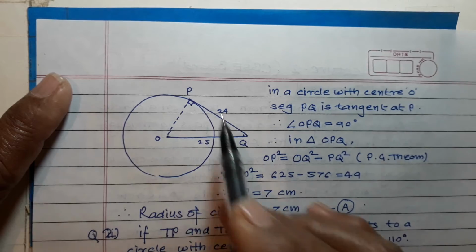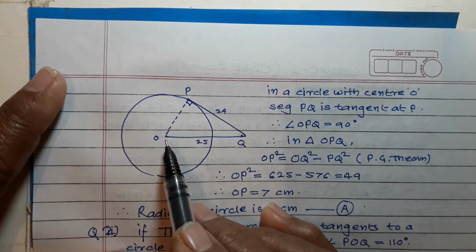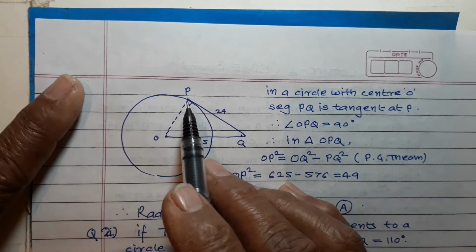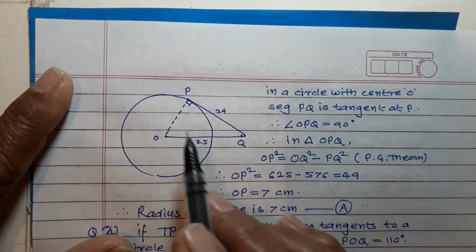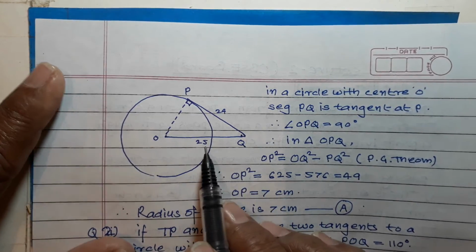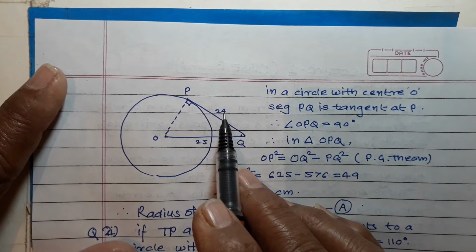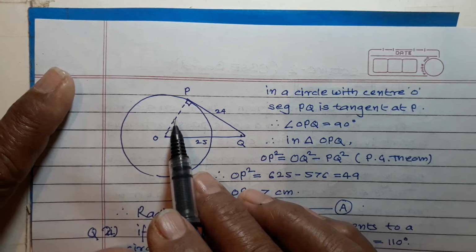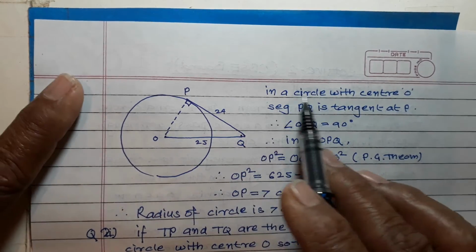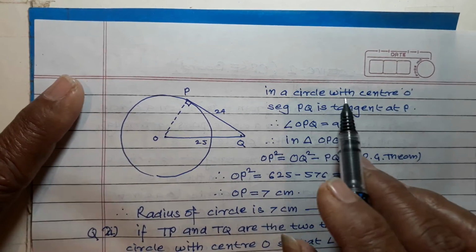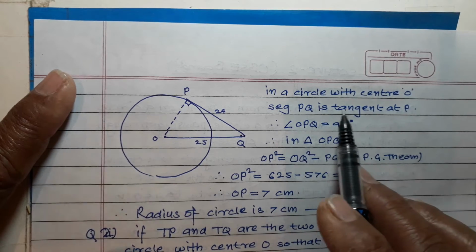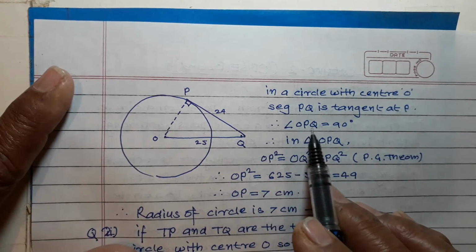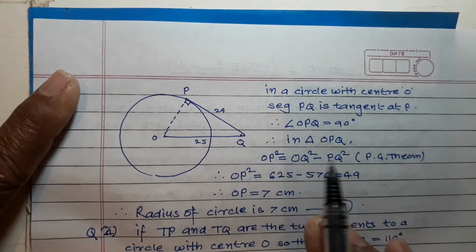So this is a circle with center O. This PQ is a tangent to the circle at P. OP is the radius. This is given as 25 and this is 24, so by Pythagoras theorem you can find this. In a circle with center O, PQ is a tangent at P, angle OPQ is equal to 90.